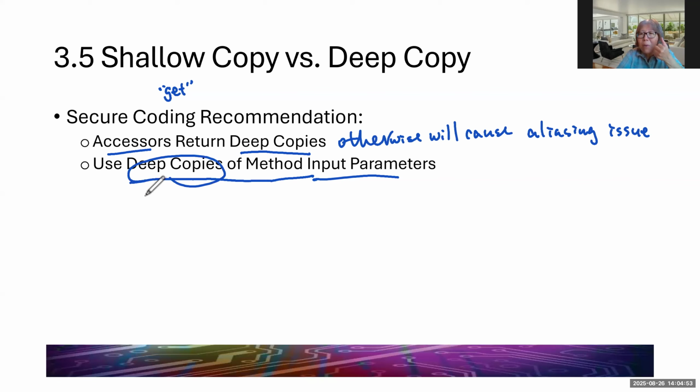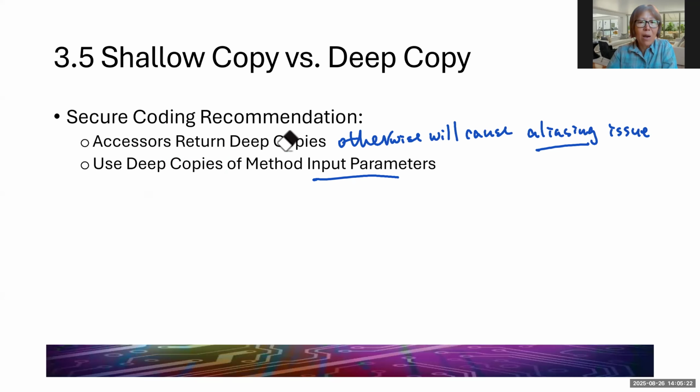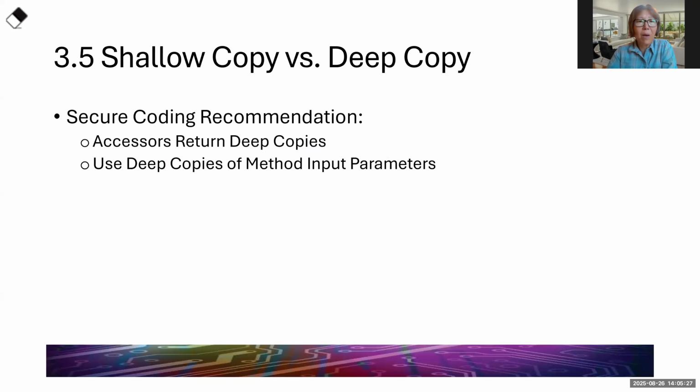Otherwise, the same thing: what your method tries to do is probably some updating of the object, and you don't want the original to be modified. But if you don't do a deep copy, it will cause the aliasing problem again. So these two are the recommendations regarding shallow copy and deep copy.